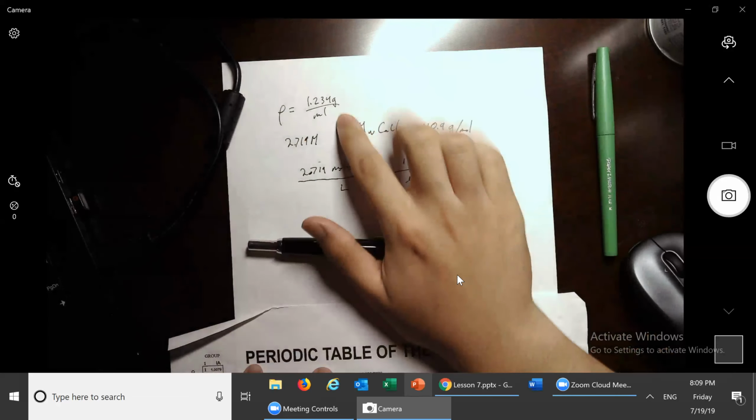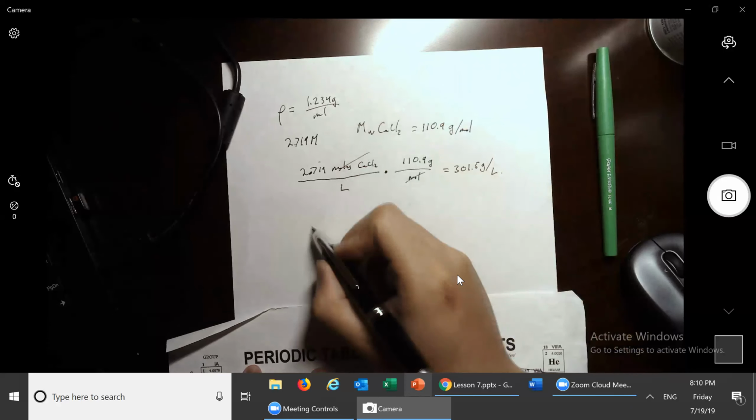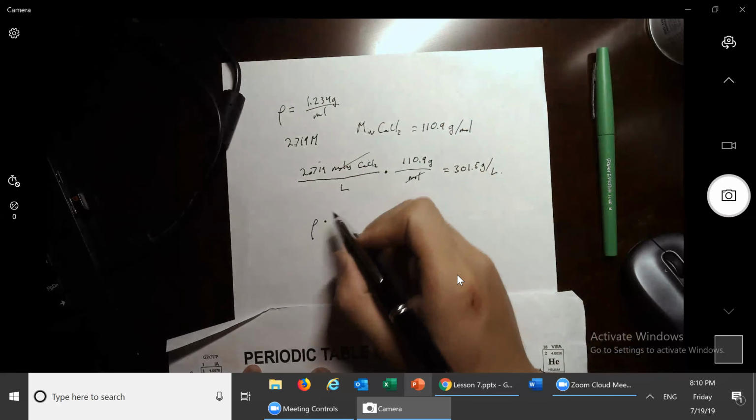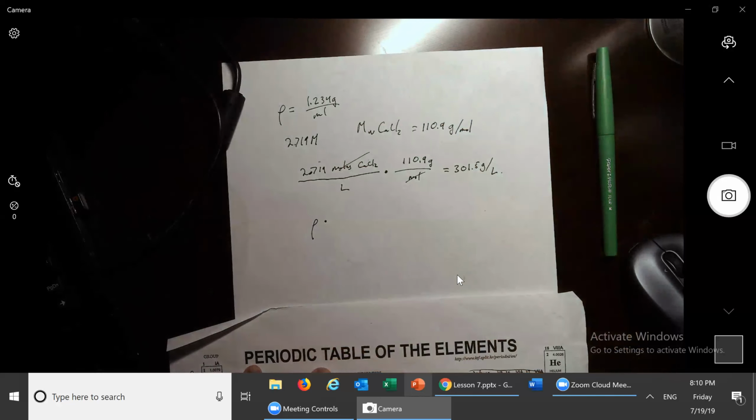So we know the density and we know the volume. So rho times, how many liters are in a milliliter? There are 1,000 milliliters in a liter, right?